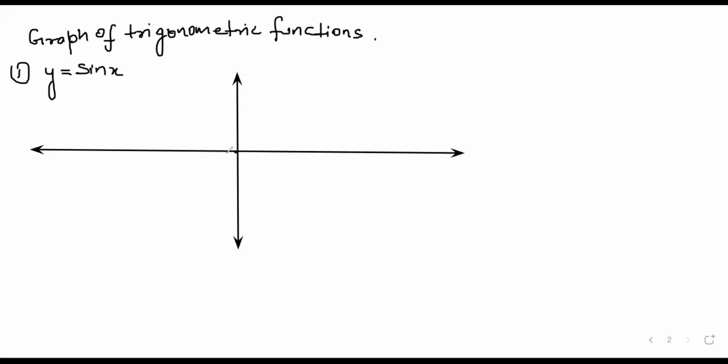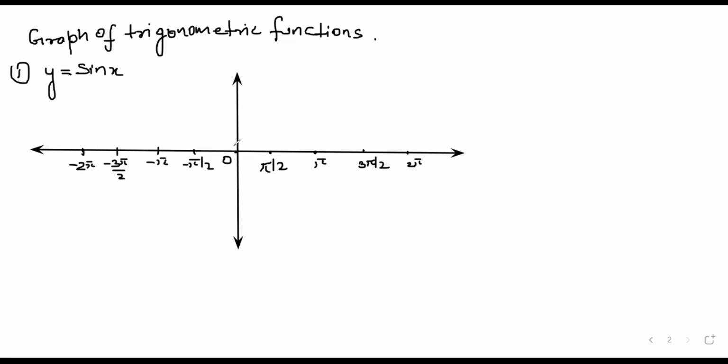Okay, so this is 0, this is 90, 180. So 0, this is pi by 2, 180, this is 3 pi by 2, this is 2 pi. This is minus pi by 2, minus pi, minus 3 pi by 2, minus 2 pi.